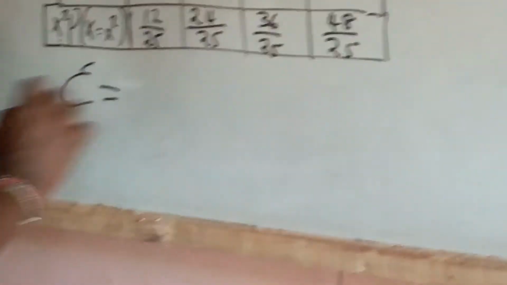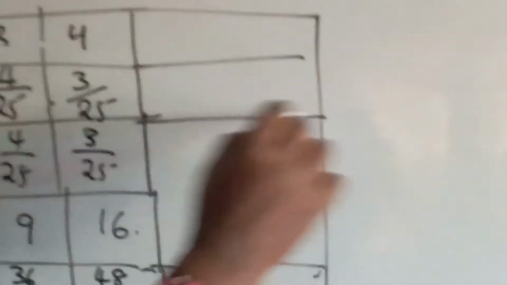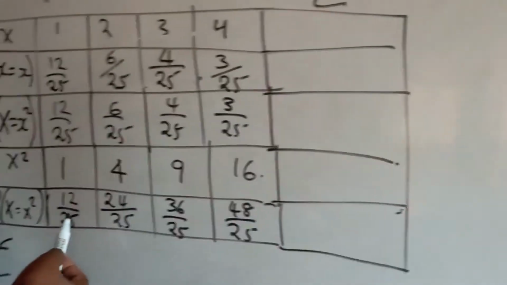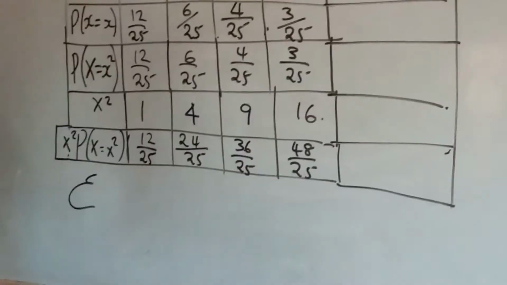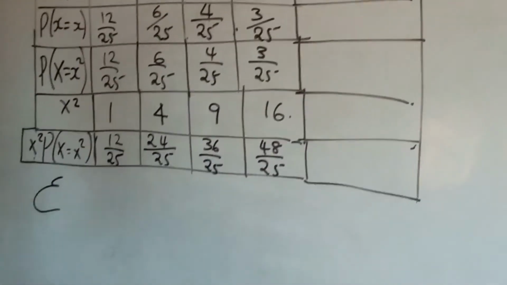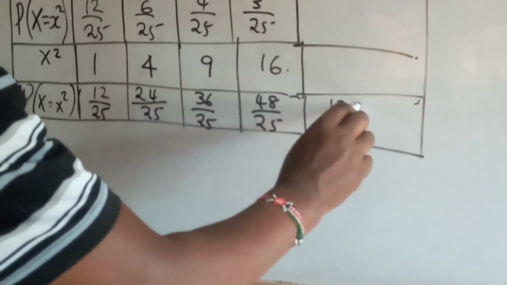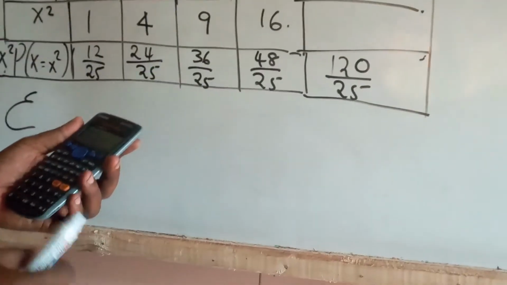So the sigma of all this, even if we just created another new column here and we call it the column of sigmas: 12 over 25 plus 24, you just have to add the numerators. 12 plus 24, that is 36, plus 36, 72, and 72 plus 48 is simply 120 out of 25.